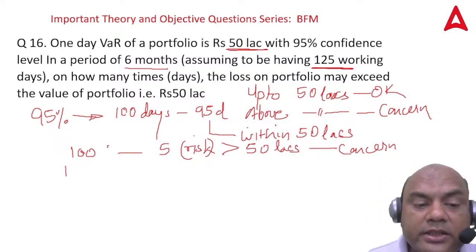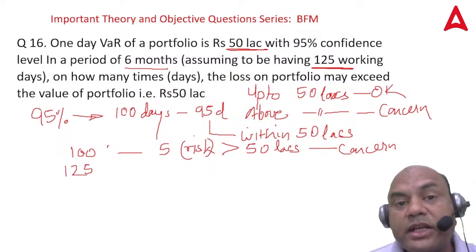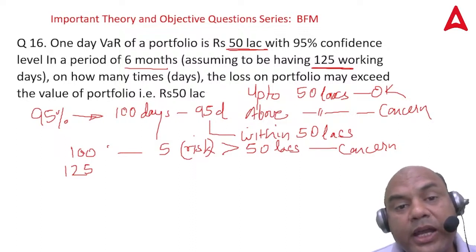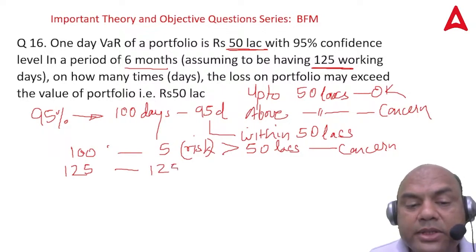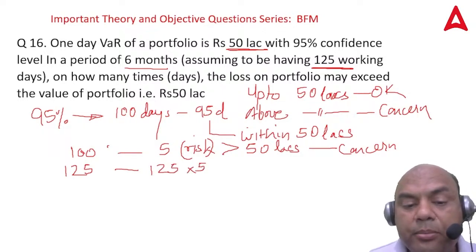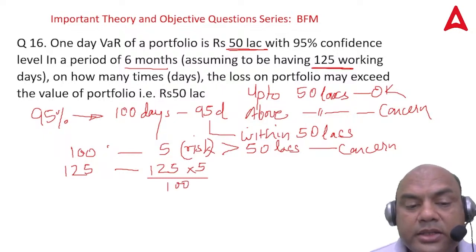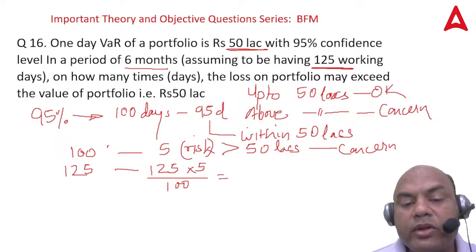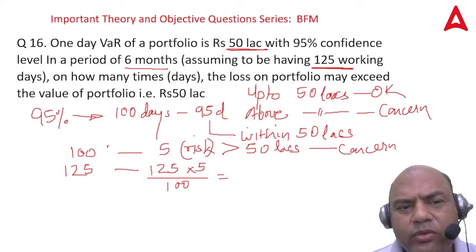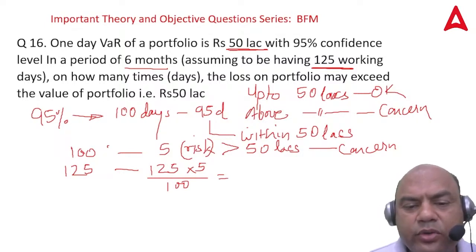So in 125 days, how many days will I be having the risk? This is a direct proportion. It will be more. Always remember the difference between direct and indirect proportion. So it will be 125 into 5, cross multiply, upon 100. 125 into 5 is 625, upon 100, so 6.25 days.